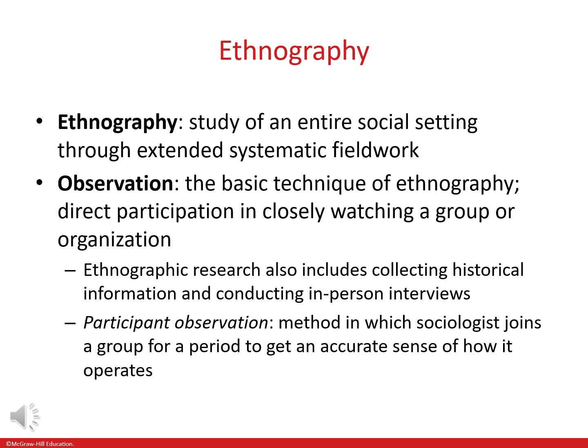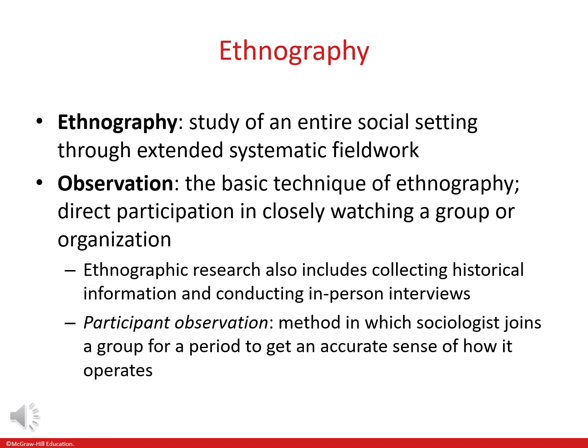So ethnographic research also includes collecting historical information about a certain group of people, or even just that person's family, or their personal background, depending on what you're studying. And you'll also conduct in-person interviews, so they do know you're there, they do know why you're there. You, of course, have to get permission to record and all of that, and you wouldn't use their specific names.